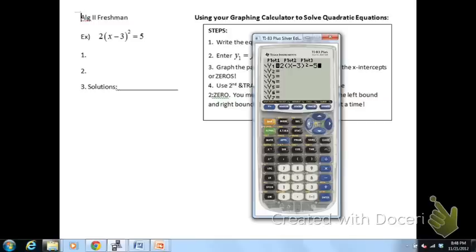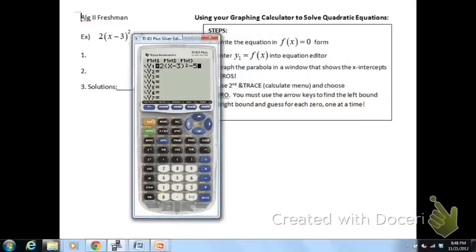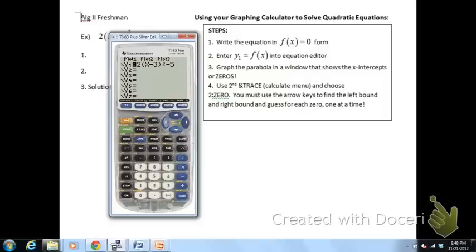Now the key is we need to graph this in a window that's going to show us the intercepts or the zeros. So let's see if we get lucky. Let's go to zoom 6, or you can cursor down if you want to the standard window, and let's see if we get lucky. And it looks like we actually do. We can see the intercepts on this window. We need to find that 0 and that 0.